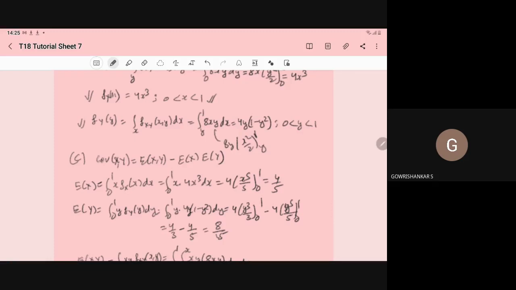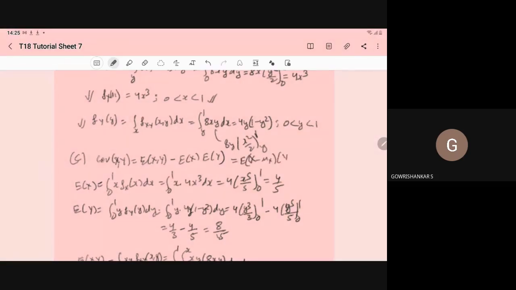The covariance is the expectation of x minus mu x into y minus mu y, where mu x and mu y are the means, mean for the x and mean for the y.